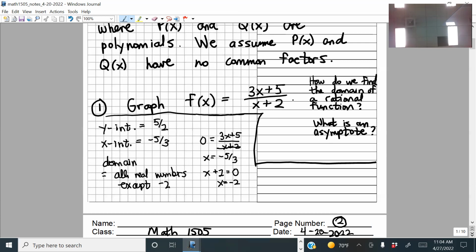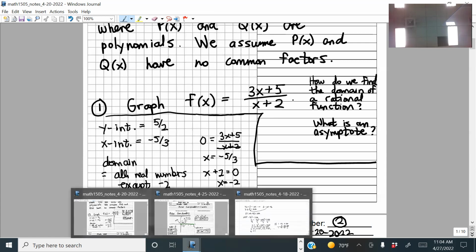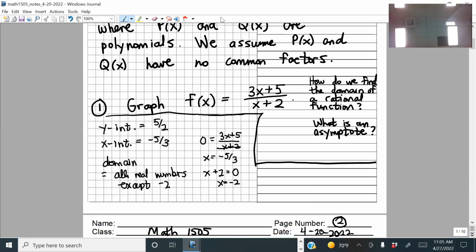So that's important to know, because when you graph this rational function, it's not going to cross this vertical line. The graph will not cross the vertical line x equals -2, because -2 is not in the domain. All right, now let's actually make the graph and see what it looks like. We know the y-intercept and the x-intercept, and we know the curve will not cross over x equals -2.